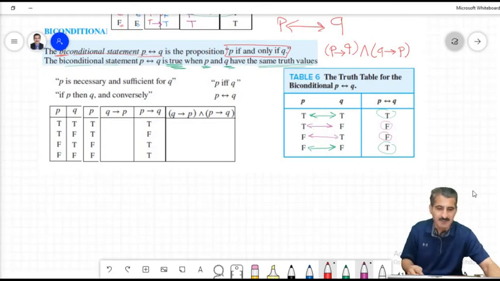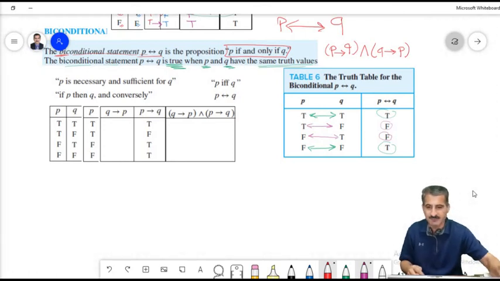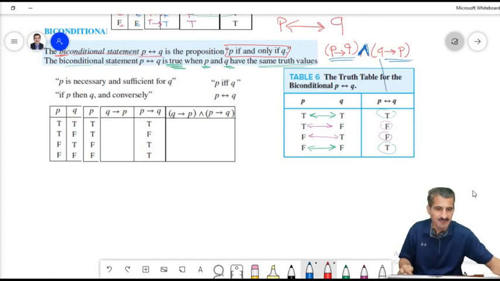Okay. Before we give an example for that, let us make sure that if we really combine these two statements together with a conjunction, then with this conjunction we get the truth values we claimed.